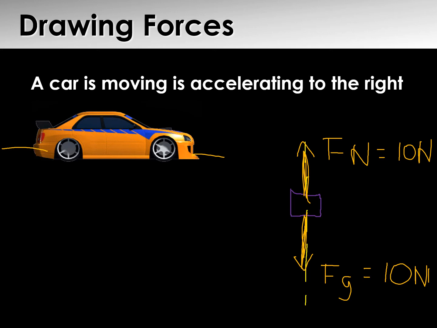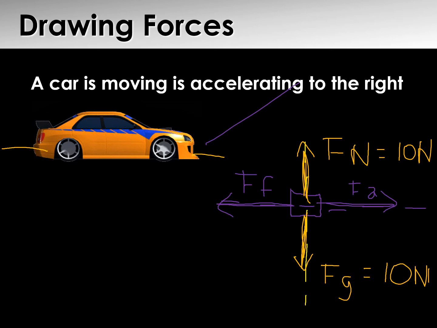Now let's consider forces in X. The car is trying to move to the right, so you have an applied force to the right. And as usual, friction goes the other way. So force of friction. But what happens? The speed is not constant. The car is accelerating to the right. That means the velocity increases as the car moves to the right.